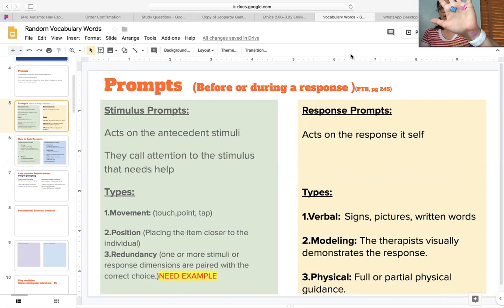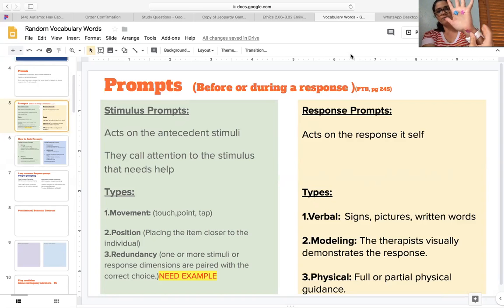So I'm gonna ask the client, the watch is my client. Match, this is the client's hand. What am I doing? Stimulus prompt or response prompt? You're right, it's response prompt.